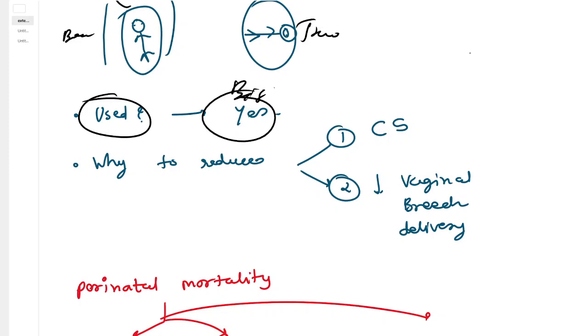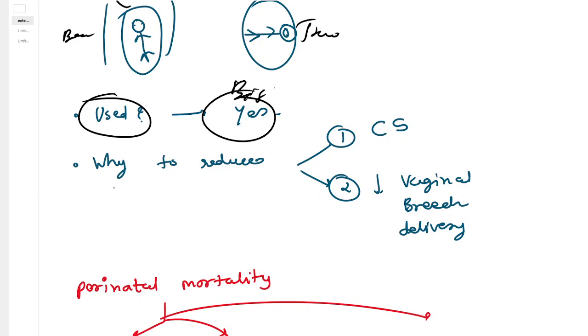Okay, which is true, but it is not true to that extent. So it's high time to think about introducing ECV into routine practice. Okay, so ECV is still useful, and it is practiced in the very developed countries around the world.